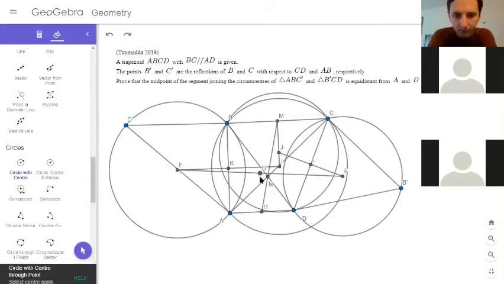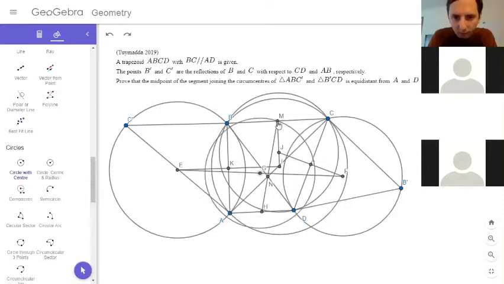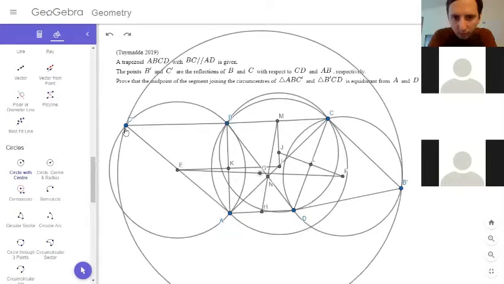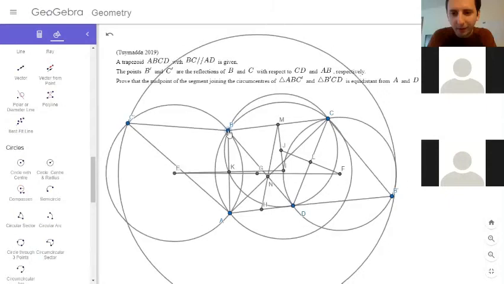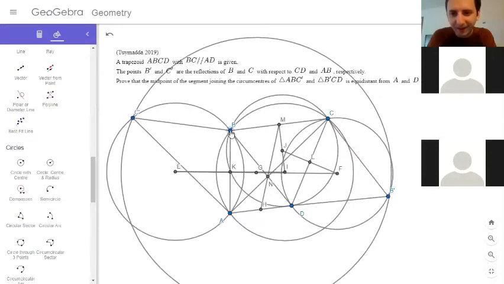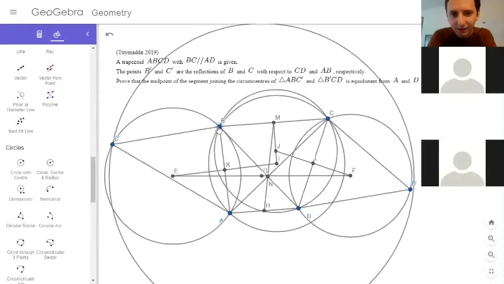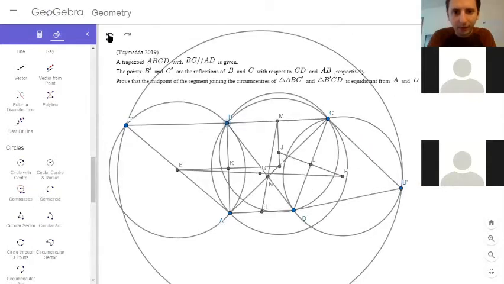Let's see. Does GB prime equal GC prime? Is that true? No, it almost looked like it, but yeah. It's tricky. Okay.